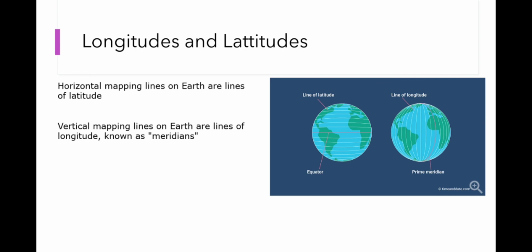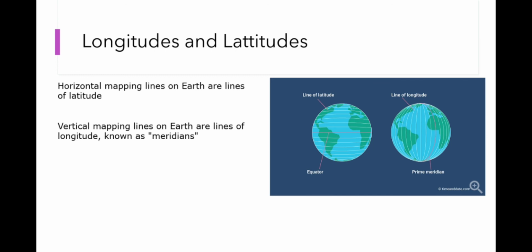So, on the globe, we find a line, equator, which divides earth into exactly 2 parts, and these horizontal imaginary lines on the earth running from west to east are called latitudes. They are all parallel lines. They are parallel to the equator.